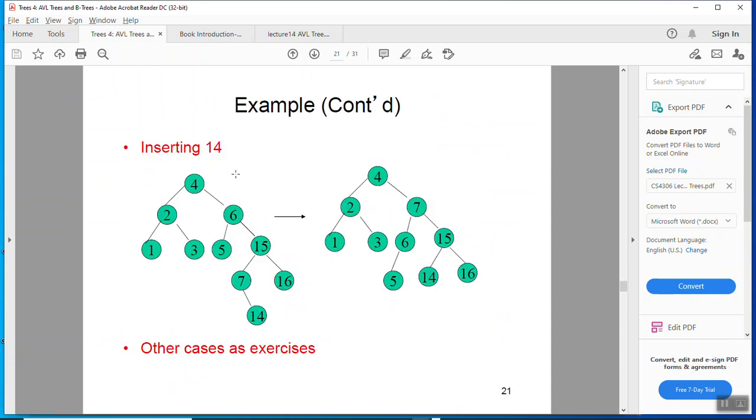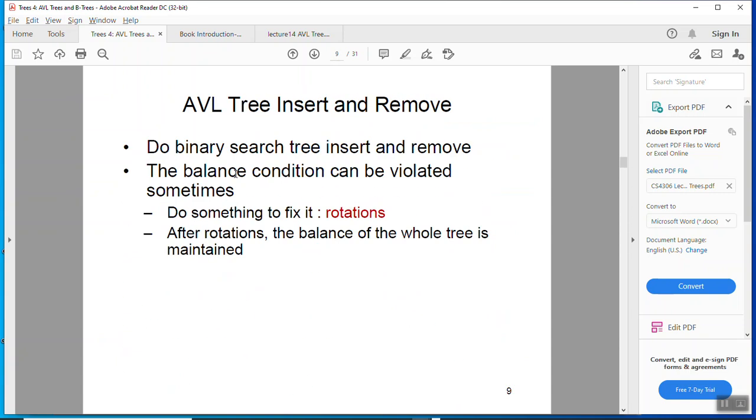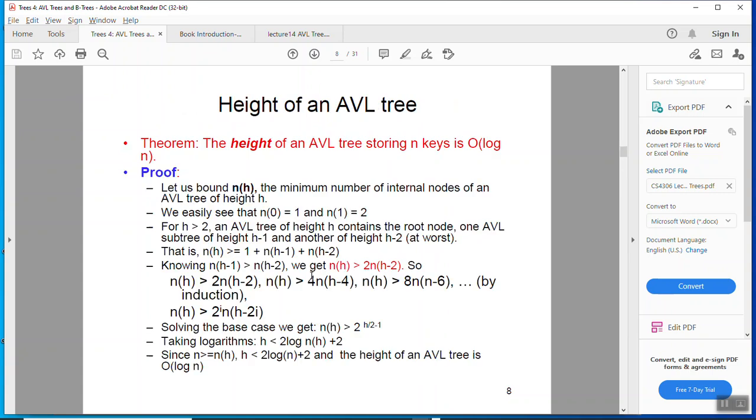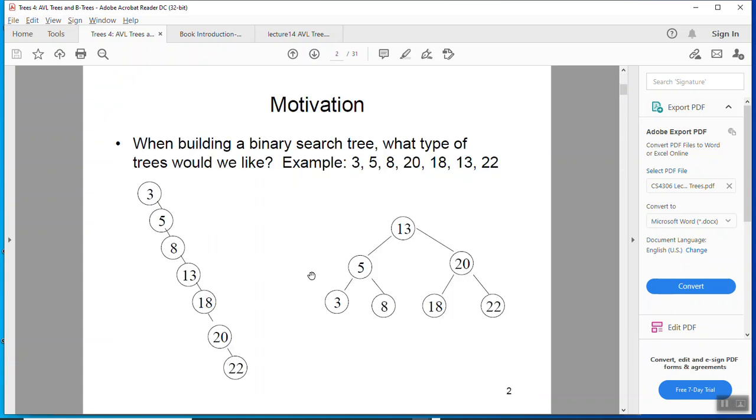Mainly I wanted to teach you what an AVL tree is, what the benefits of an AVL tree are, how the AVL tree is built, and what the 4 kinds of rotations for an AVL tree are.